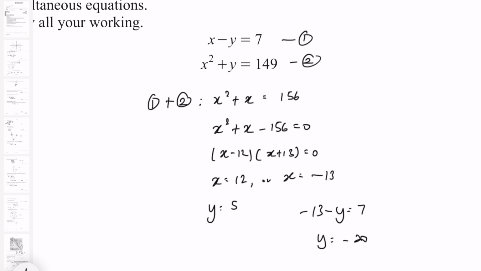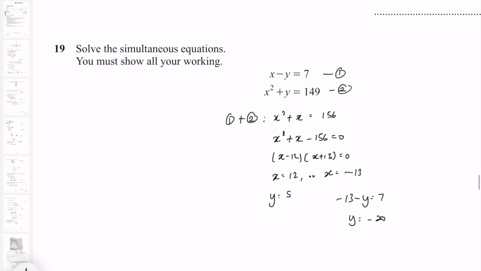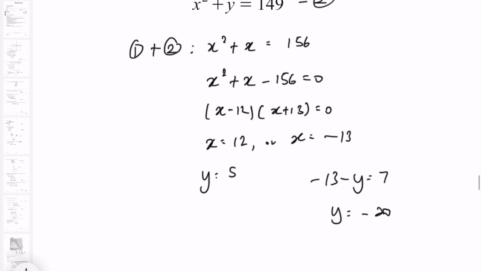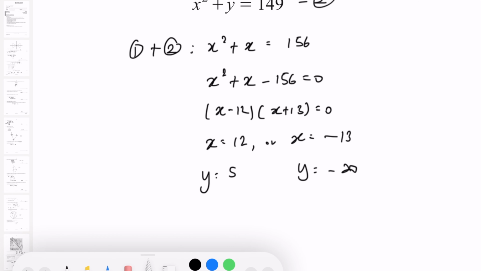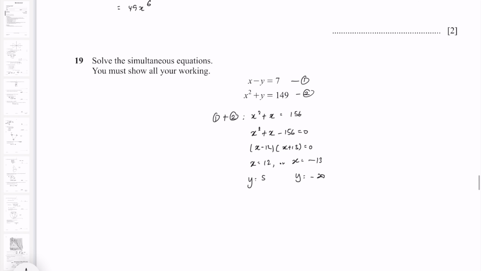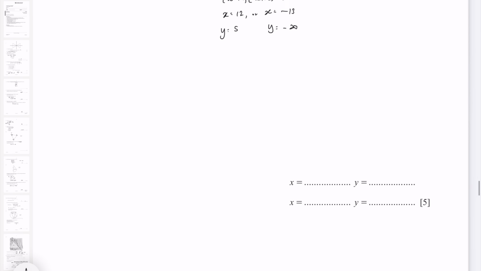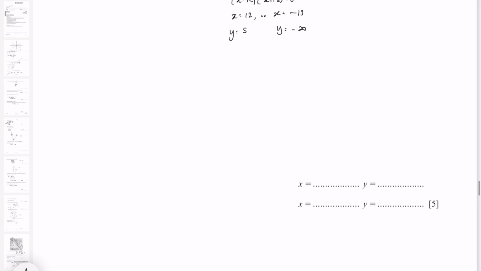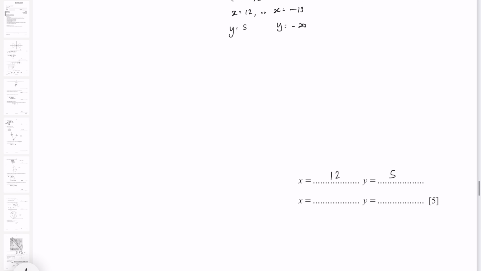Okay, so I'm done with everything. And these are the pairs of coordinates, by the way. You'll have to write them in this way to show that they are together. Let's write them down here. It's better. So it's 12 and 5. It's negative 13 and negative 20.